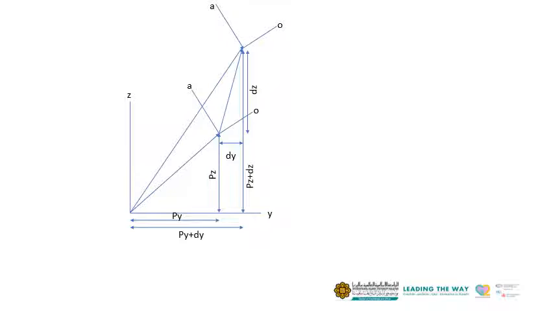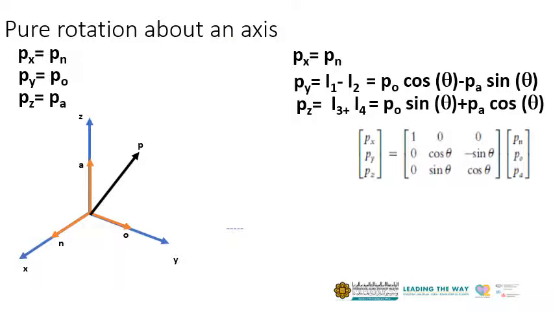Okay, now this is translation. Now let's see what happens if we do the rotation of the frame with respect to its original frame. Let's say this is an XYZ frame of reference, which is the original frame of reference, and we have a point P, which is denoted by Px, Py, Pz, and we see another frame, the orange color one, NOA, which coincides with XYZ.